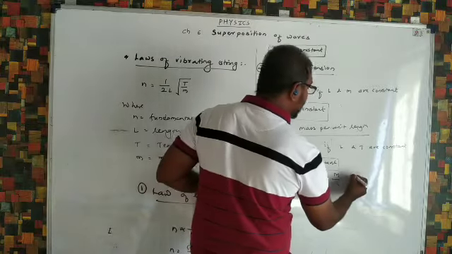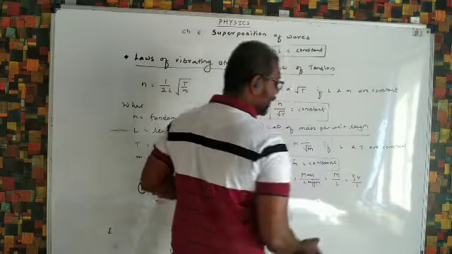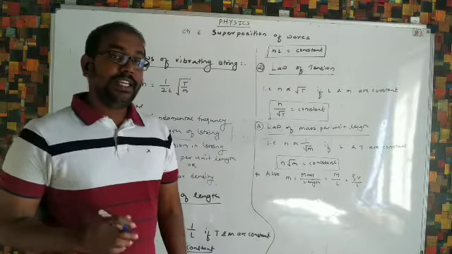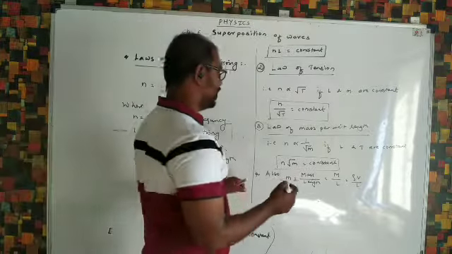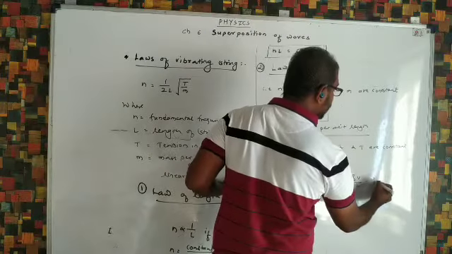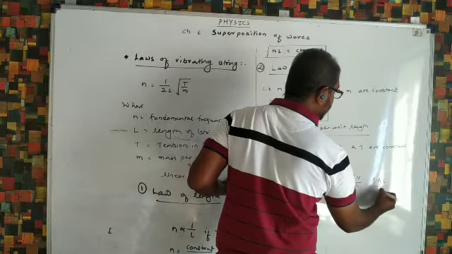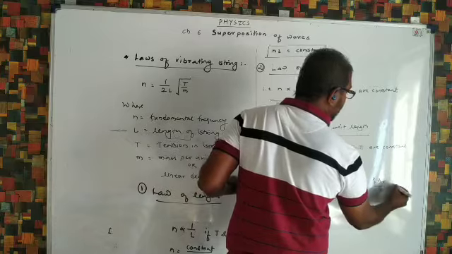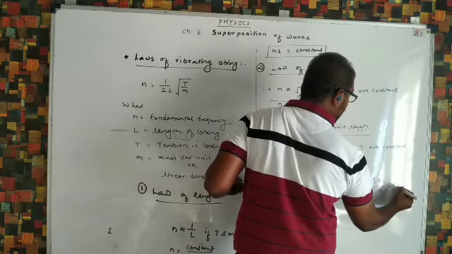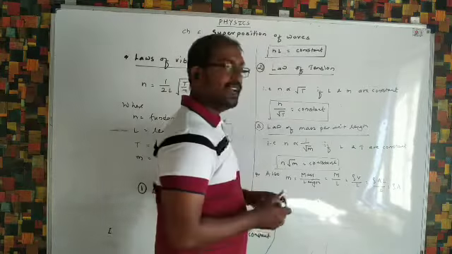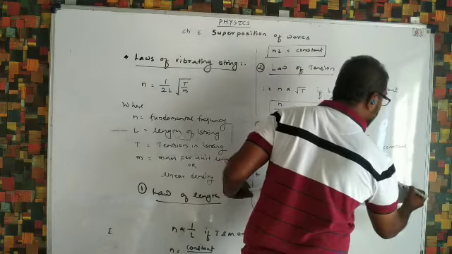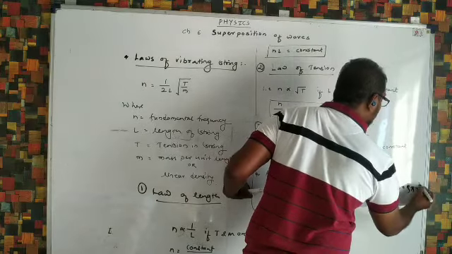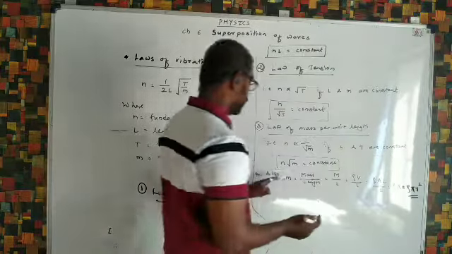The mass we can write as density into volume, divided by L. Volume of the string we can write as area into length, so area into length divided by length. The length gets cancelled. Density into area is the mass per unit length, and area we can write as pi r square. So rho pi r square is the formula for small m.